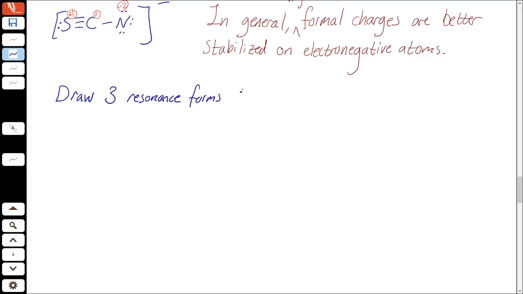Draw 3 resonance forms for nitrous oxide, N2O. Just as a hint, N2O is connected NNO, not NON. That's one of the exceptions to the always go with the more symmetric one. So draw 3 resonance forms for N2O. It's a neutral molecule.